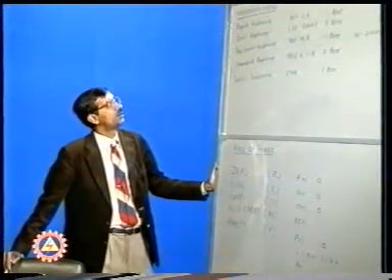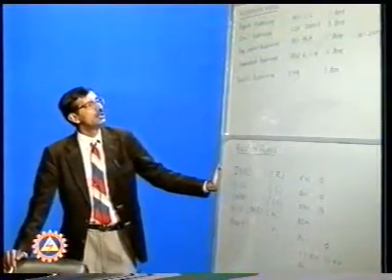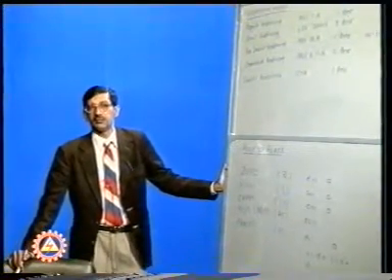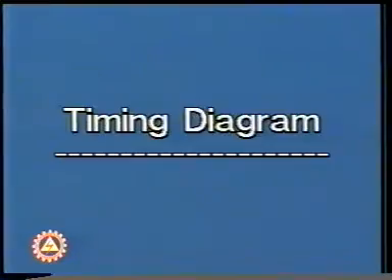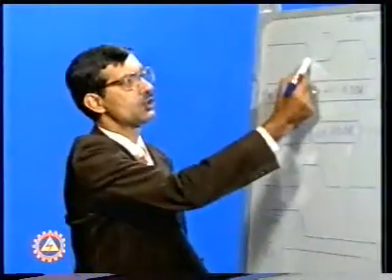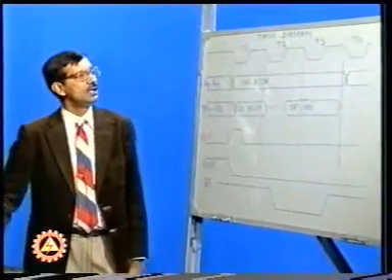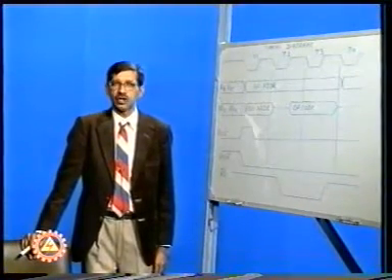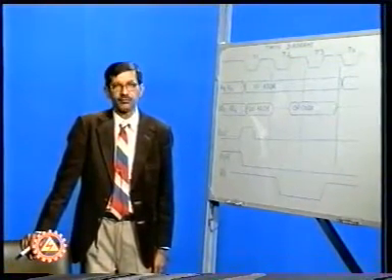With this as a background, I think we can now appreciate the role of the timing. The microprocessor is a programmable sequential device which can be paced by the clock. One cycle of the clock is what we call the T state, which can be shown like this. The time required for completing one instruction is what we call the instruction cycle.